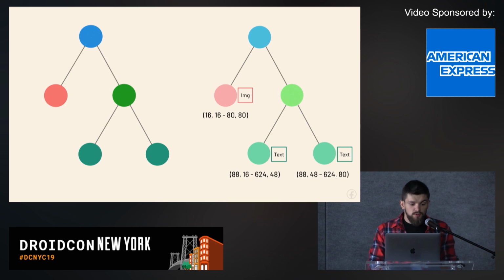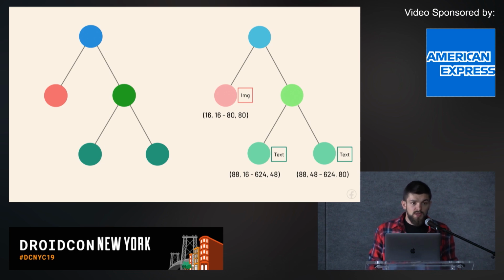Let's see an example. On the left, we have the internal node tree, the internal representation that was built for the updated UI. And on the right, we have the so-called diff tree, some structure that we bookkeep in between layouts. This bookkeeping structure has all the measurements for mount specs and all the layout outputs for the mount specs.